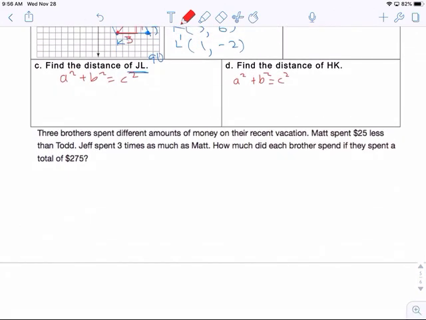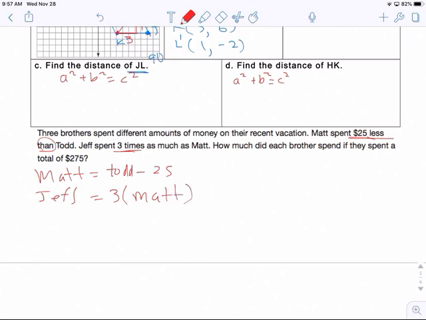And this one here, 3 brothers spent a different amount of money. Matt spent 25 less than Todd. Matt equals less than Todd, so that's Todd. Then you flip. Jeff spent 3 times as much as Matt. 3 times Matt. How much did each brother spend?